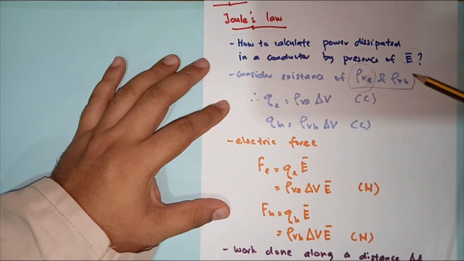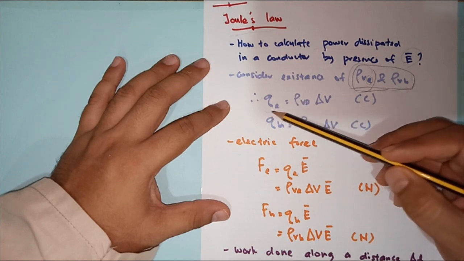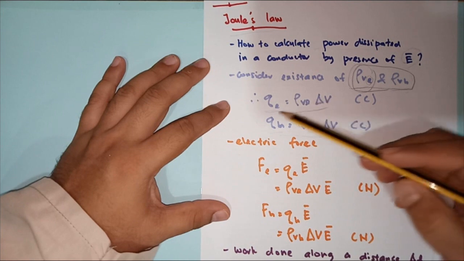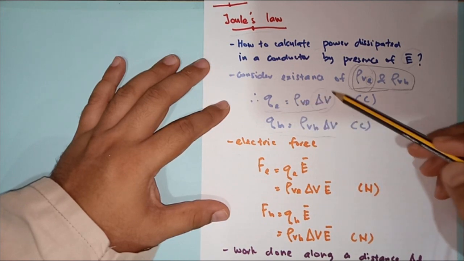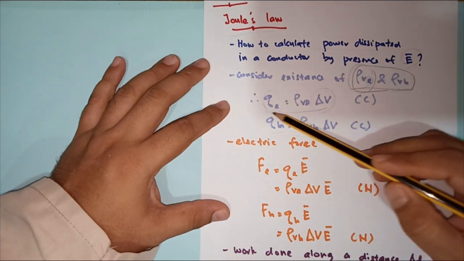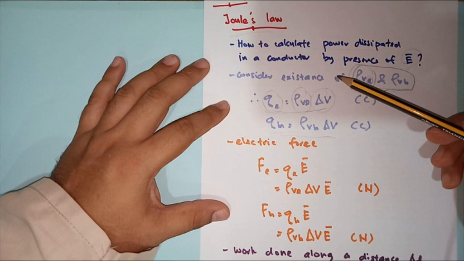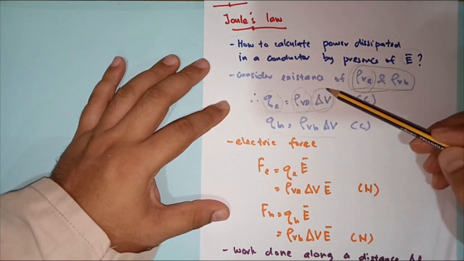By referring to these density values, we can calculate the exact charge represented by the electron and hole using this formula: QE is equal to rho VE multiplied by the volume, where QE is the charge of the electron, rho VE is the volume charge density for the electron, and delta V is the volume.